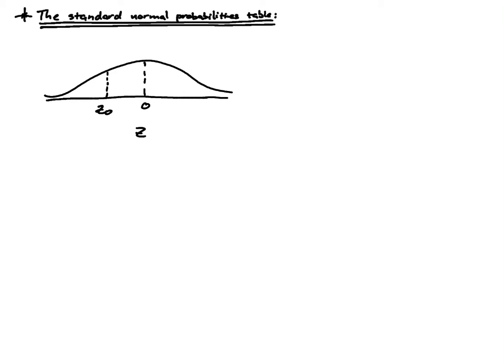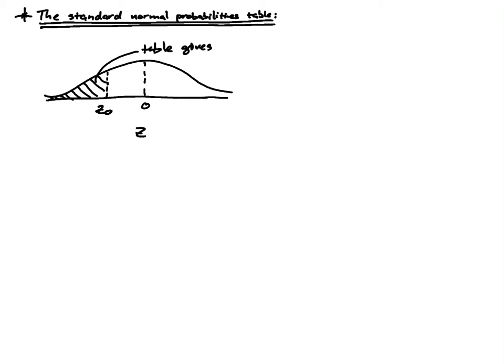Then what the standard normal table gives us is the area under the standard normal curve to the left of z sub 0. In other words, the table gives us the shaded area in this figure.